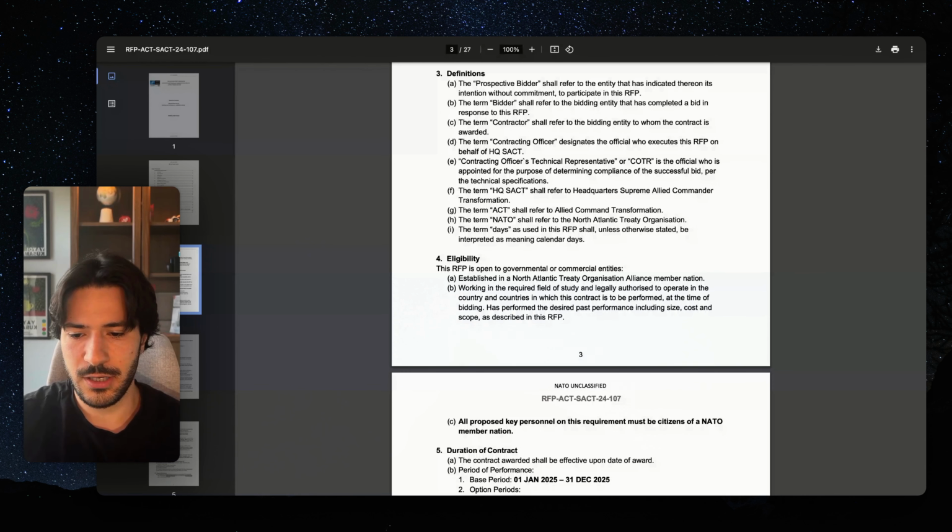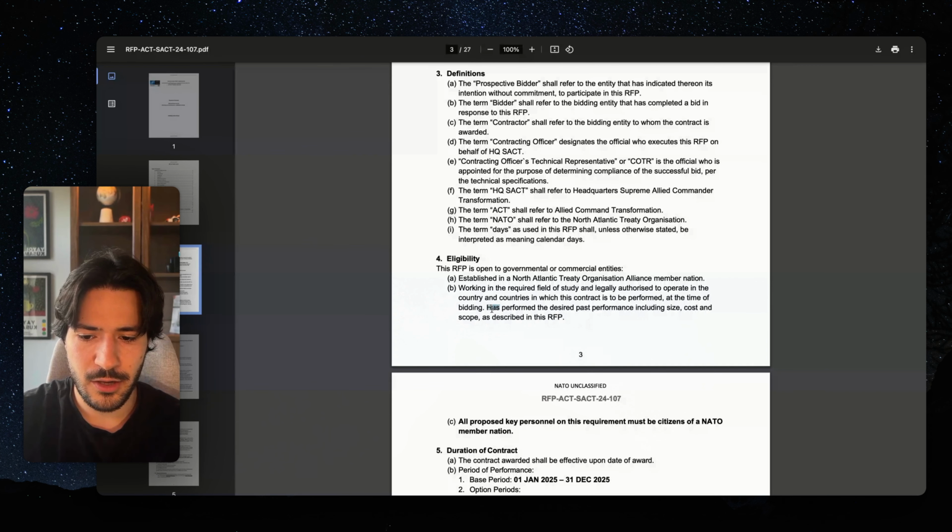So if we're in the United States, we're good. And then that we are working in the required field of study and legally authorized to operate in the country. We have a business in the United States and we are legally authorized to work in the United States. And at time of bidding, we have to be legally authorized. We know the place of performance is in the United States, so we're good.